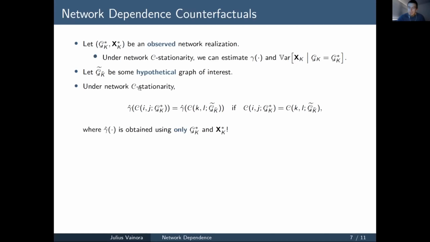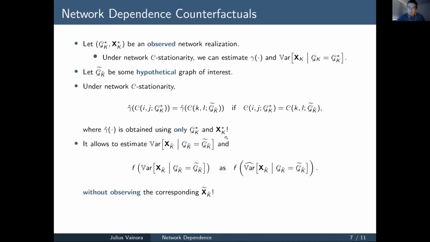Under network stationarity, if the class of i and j from the initial graph that we observe is the same as the class between k and l entities in the hypothetical graph, and we assume both graphs come from the same network process, then we can use the same autocovariance estimator, the same gamma hat, obtained using only G star and X star, only the observed graph.